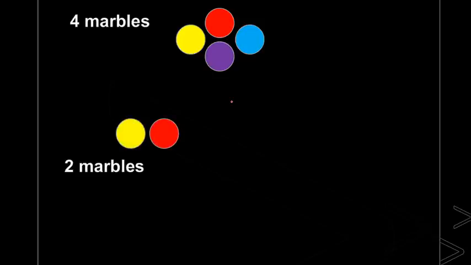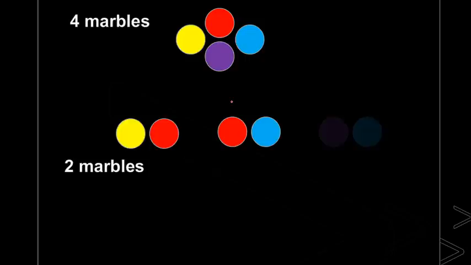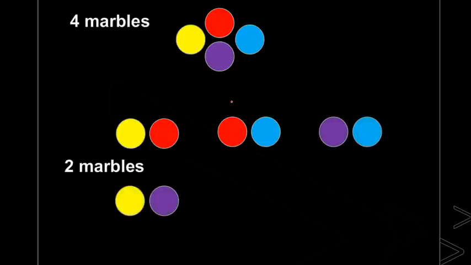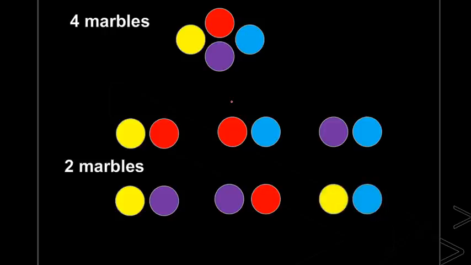You can choose them as yellow and red, or red and blue, or violet and blue, or yellow violet, or violet red, or yellow green. Yes, so you can have so many combinations like this. If you choose it as yellow red or red and yellow, it doesn't matter, you'll be having the same combination only. Okay, the order doesn't matter, which pair you are choosing is what is important.